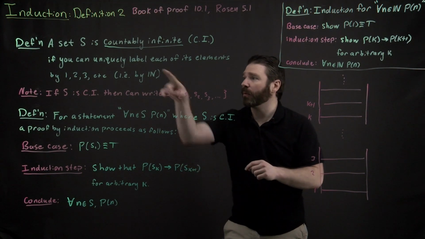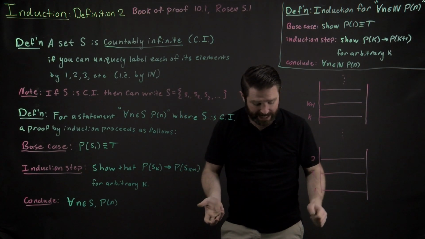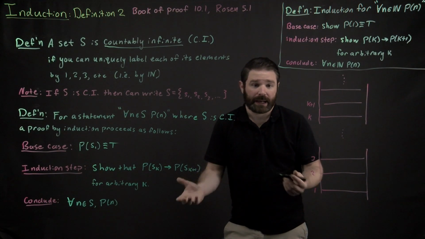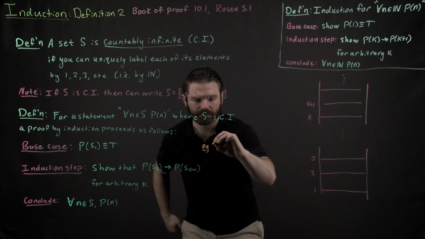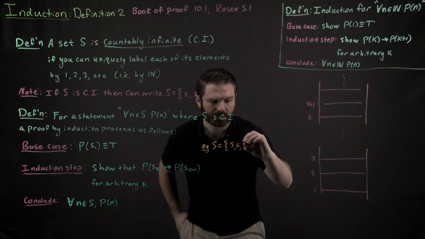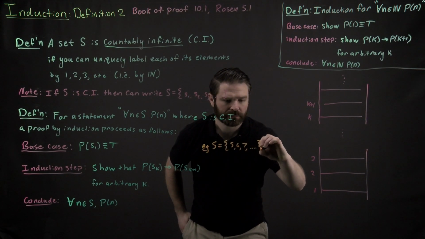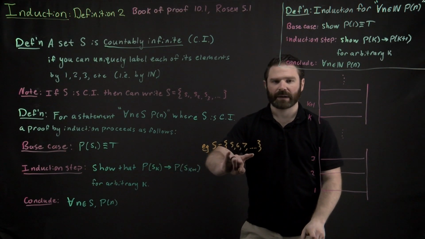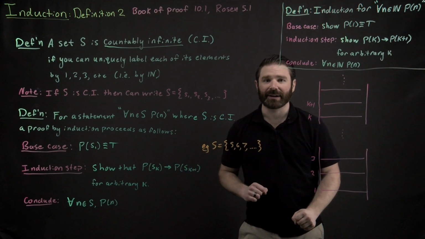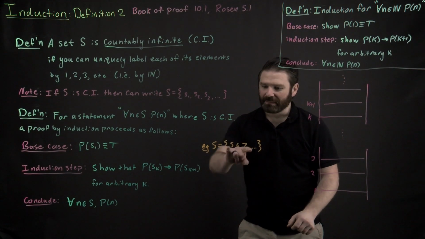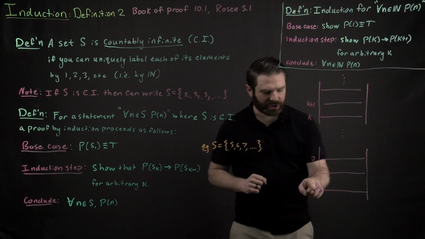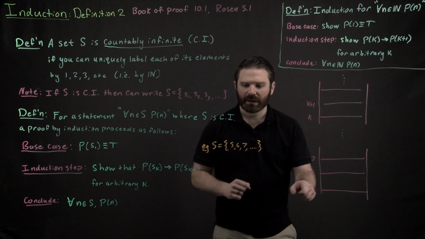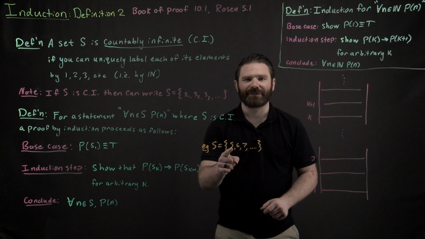So for example, remember when I talked about countably infinite sets, I said that one of them is 5, 6, 7, etc. So that means that in our base case, we are not starting at 1, we are starting at 5.